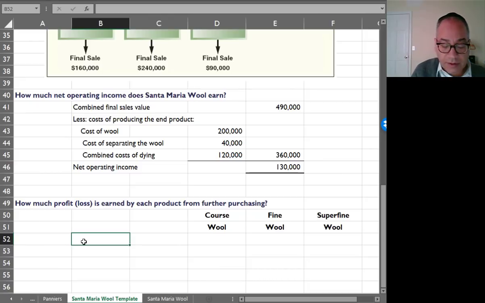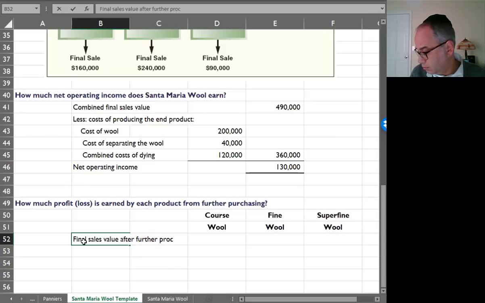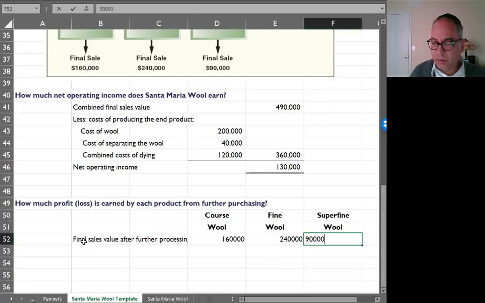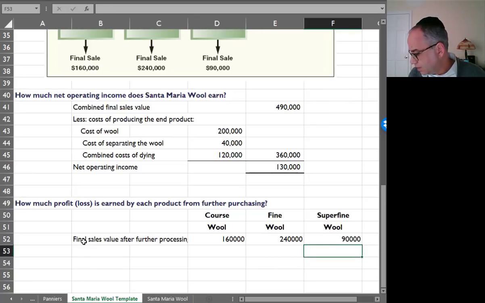So the final sales value for coarse wool is 160,000. For fine wool, it's 240,000. It's right at the top of the screen. And super fine wool is $90,000.